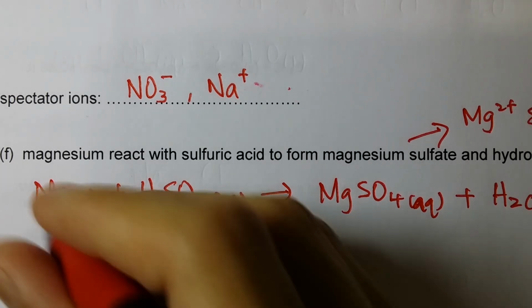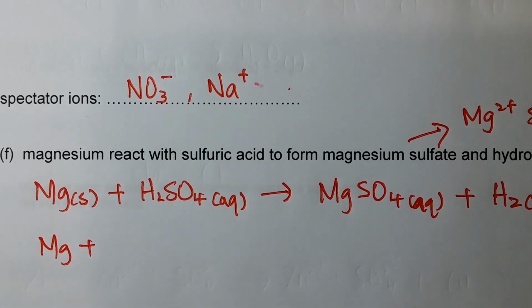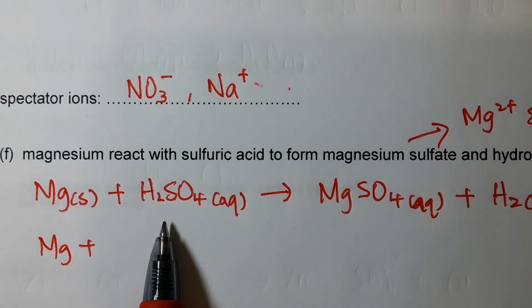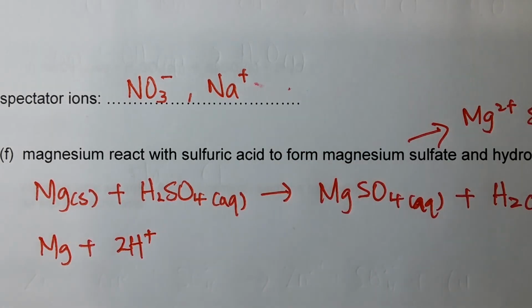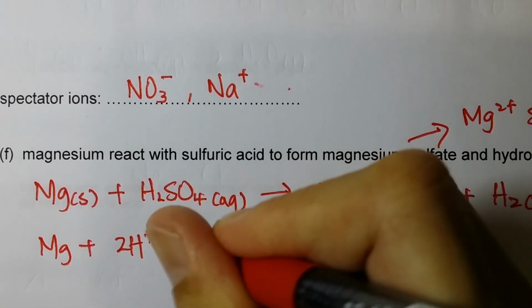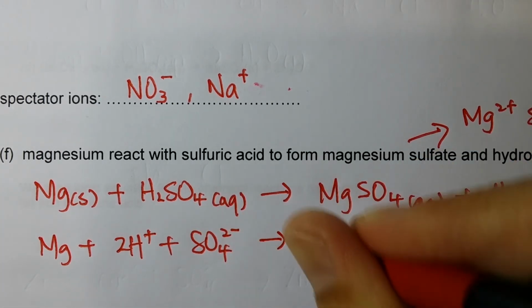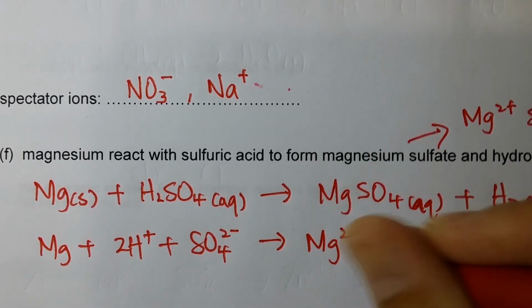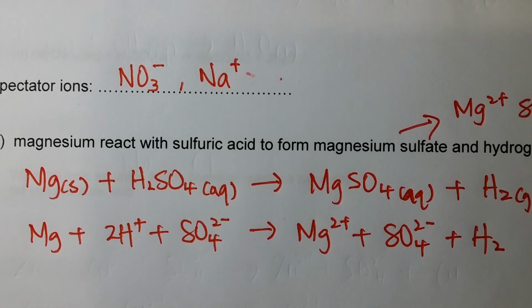Okay, if it is aq, then you have to split. Mg, no need to split because it is solid. H2SO4 you split like this, 2H plus and SO4 2 minus. Mg 2 plus, SO4 2 minus. Hydrogen, you don't split.